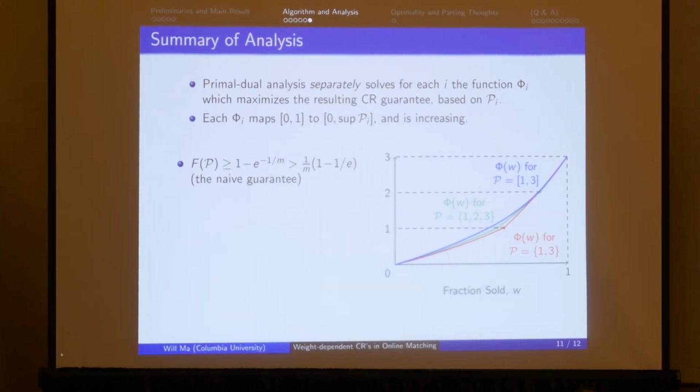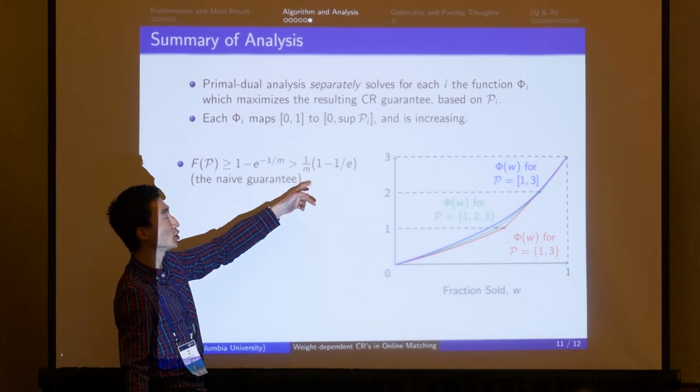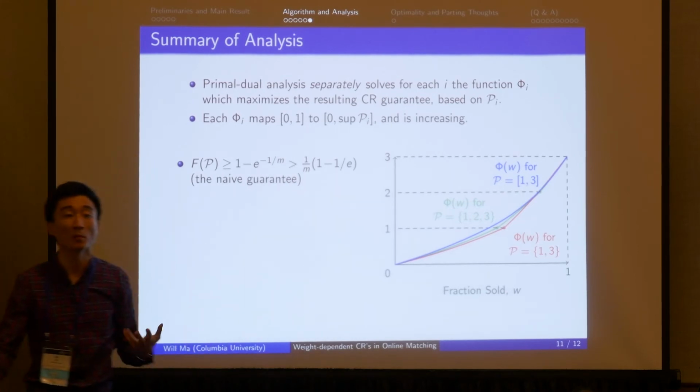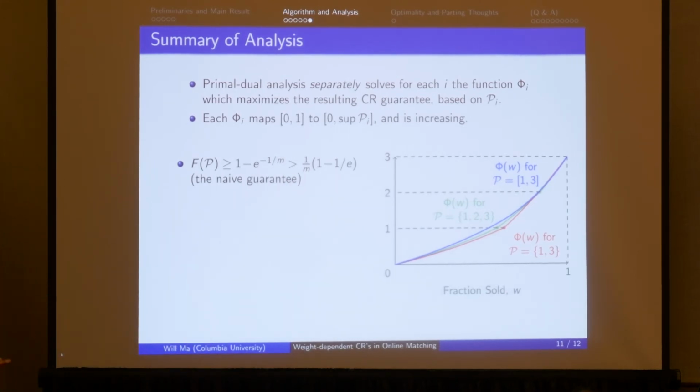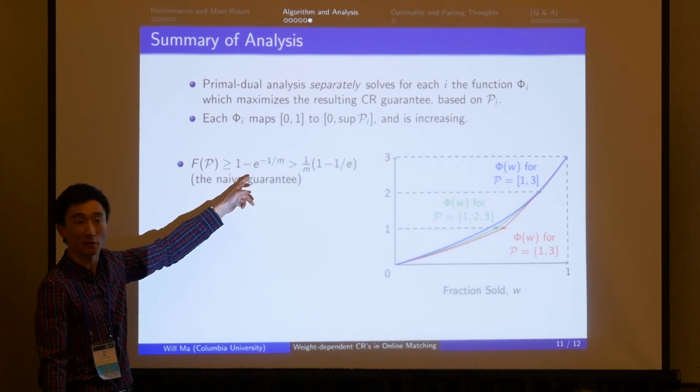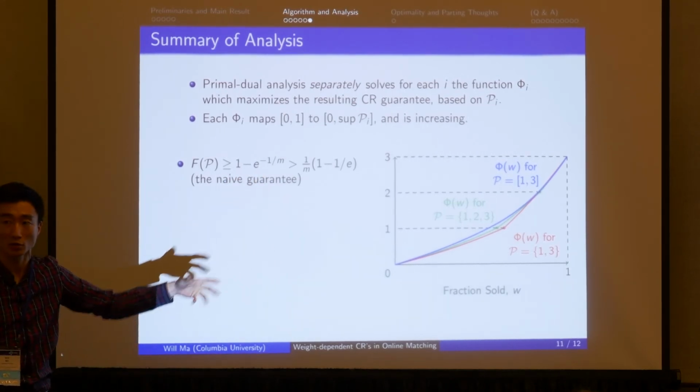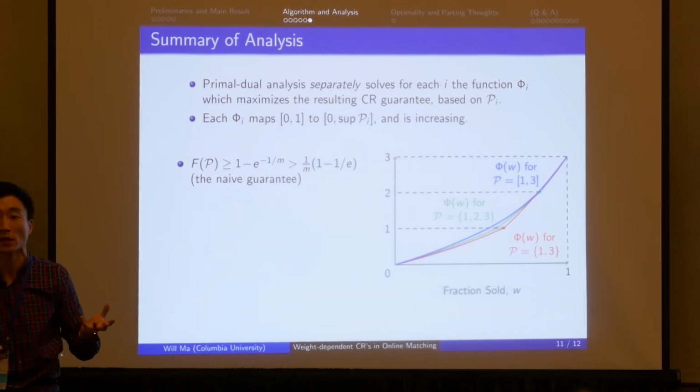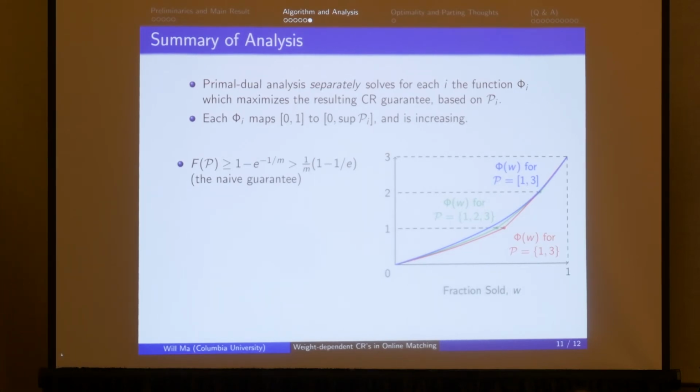If each item has 2 prices, I can easily, using existing results, get a competitive ratio of 1 over 2 times 1 minus 1 over e by randomly choosing one of the 2 prices for each item and then using a vertex-weighted online matching algorithm. But the optimal competitive ratio that we derive is strictly larger. So using these curves, you can get a better allocation than the naive allocation.